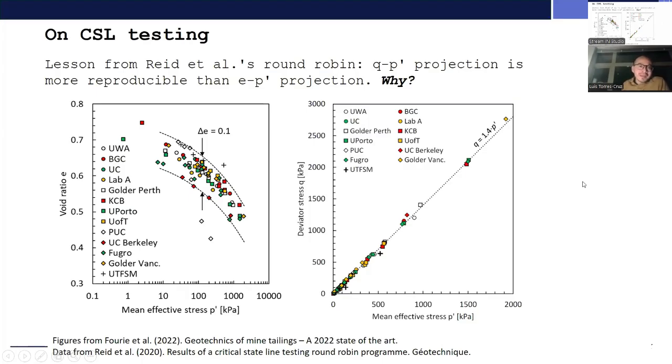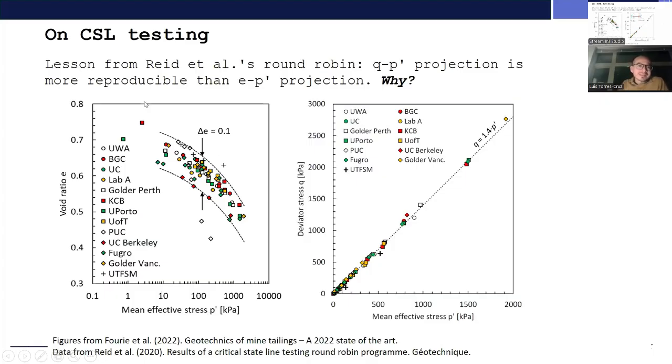So this was a massive undertaking. And the results, I think, are very interesting. I must say it's the only exercise of its kind for critical state line that I am aware of. So here I'm showing a summary of the results. On the left-hand side, we see void ratio versus mean effective stress.